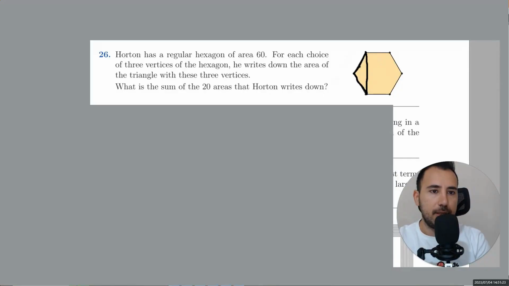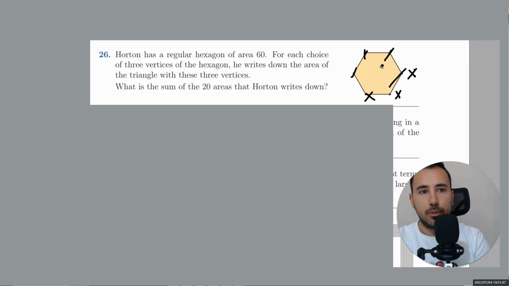We just have to find it. This is one. If I go like this would be another one. Remember that I'm choosing the 3 points or vertices that are neighbors, like this, this, this. Then I could go with this, this, this. Then this one, and this one.